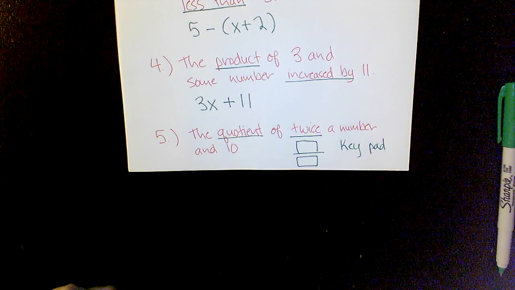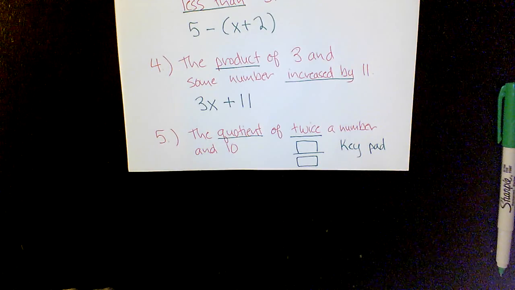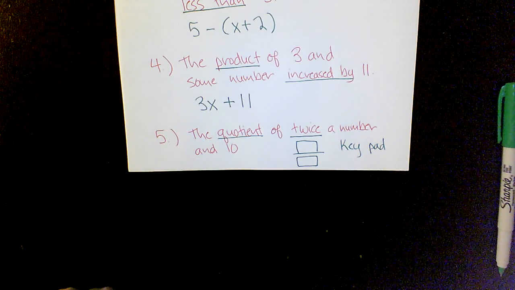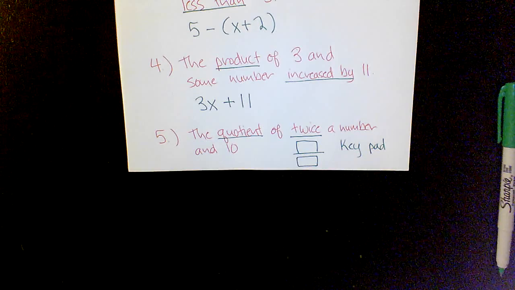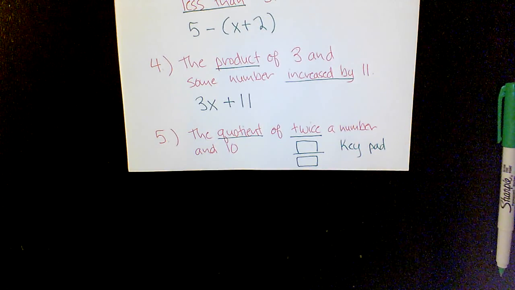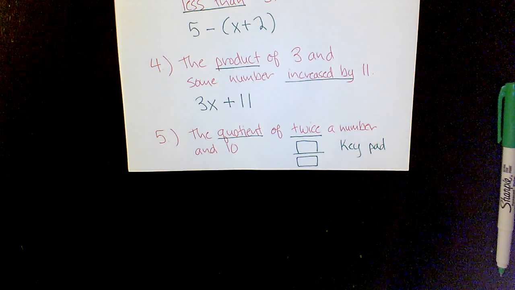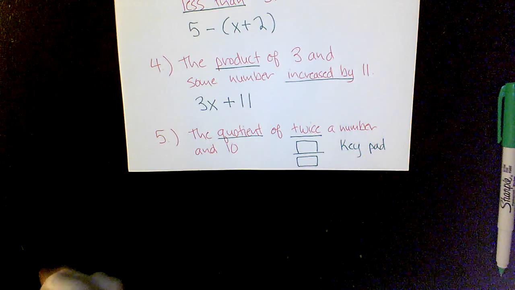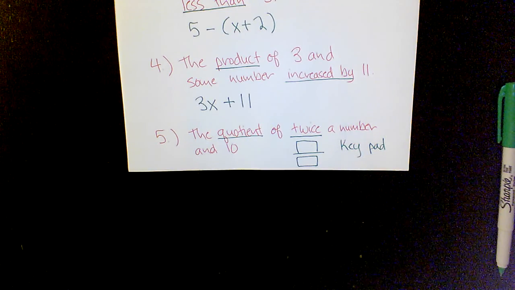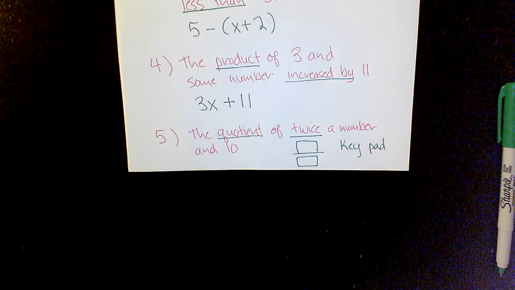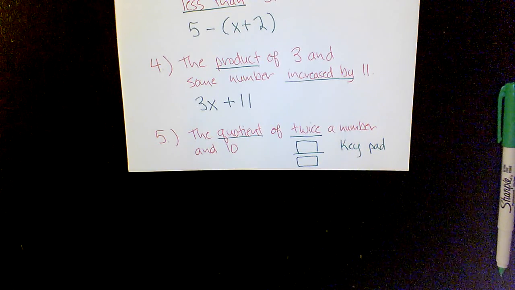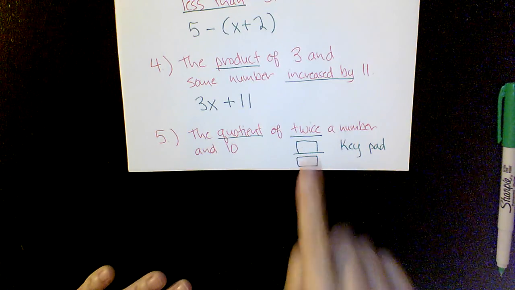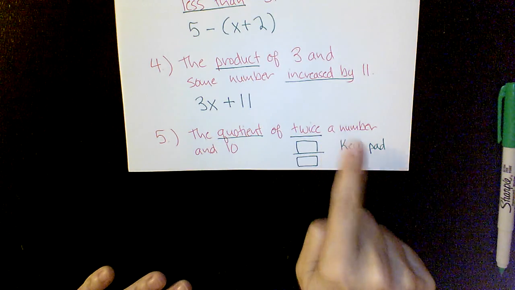So twice a number. We can use x or y. And what does twice mean? If I said take twice 3, or 2 times 3, that makes more sense. That means the same as twice. So it's just another way to write 2 multiplied by a number. So twice means 2 multiplied by a number.